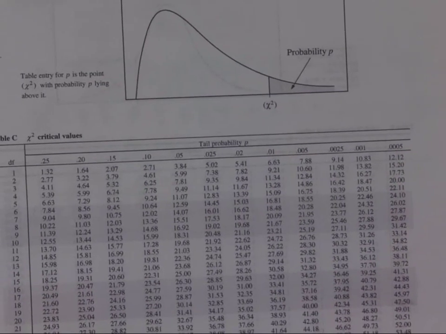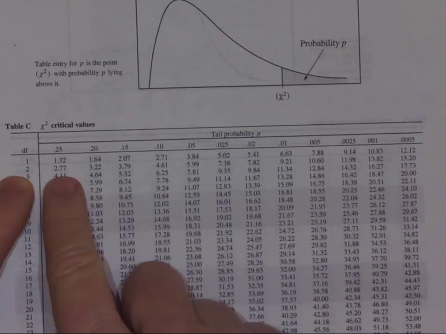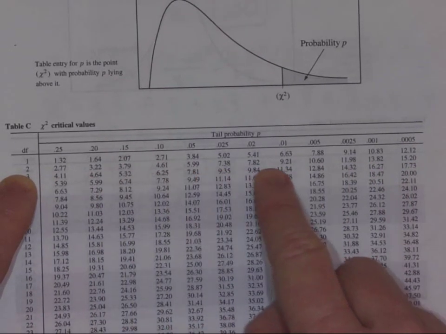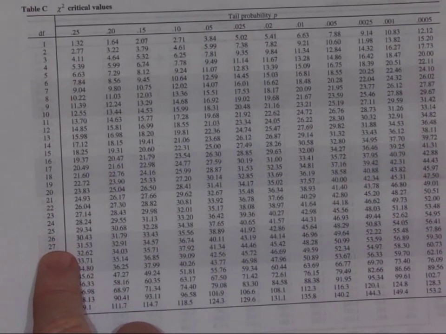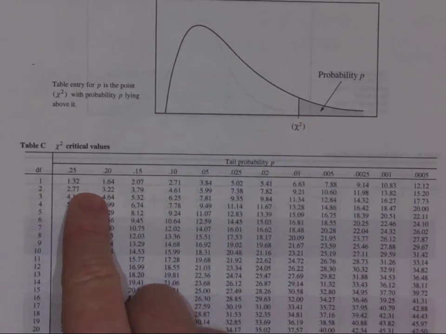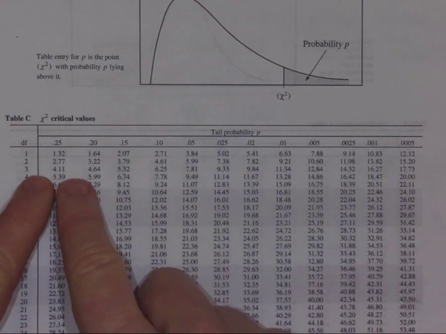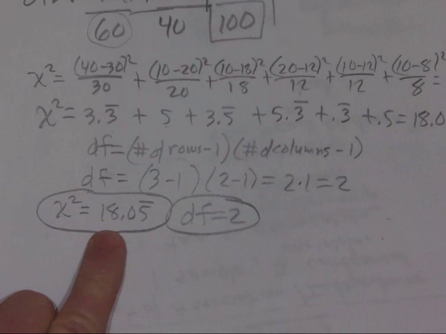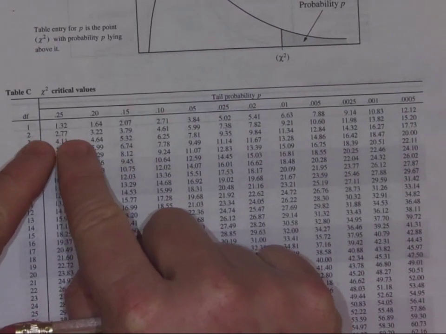Using this table, you would say my degrees of freedom is 2, so I'm using this chi-squared distribution, this row right here. By the way, as you go down, the more degrees of freedom you have, the less right skewed it is. A degrees of freedom of 1 is insanely right skewed. You would go as close as you can to find our chi-squared of 18.05, and these values here are all chi-squared values.